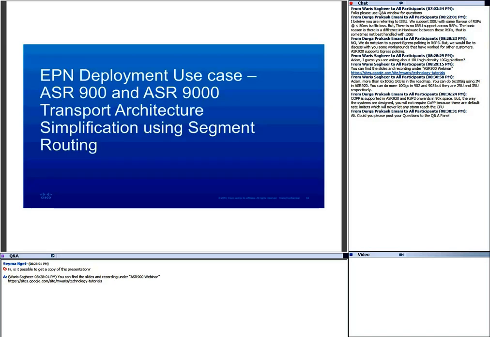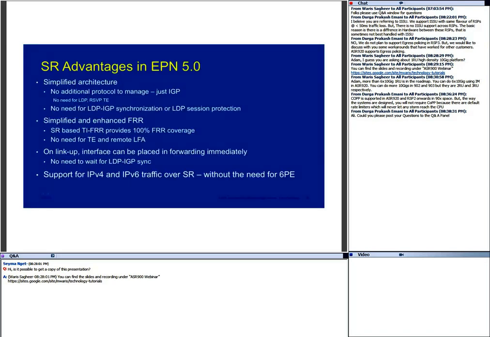And the segment routing simplification of transport architectures takes a lot of time to explain, right? So this is a big different topic in itself. People who understand segment routing and its advantages, it's easier for them to understand how the network topology will be simplified.